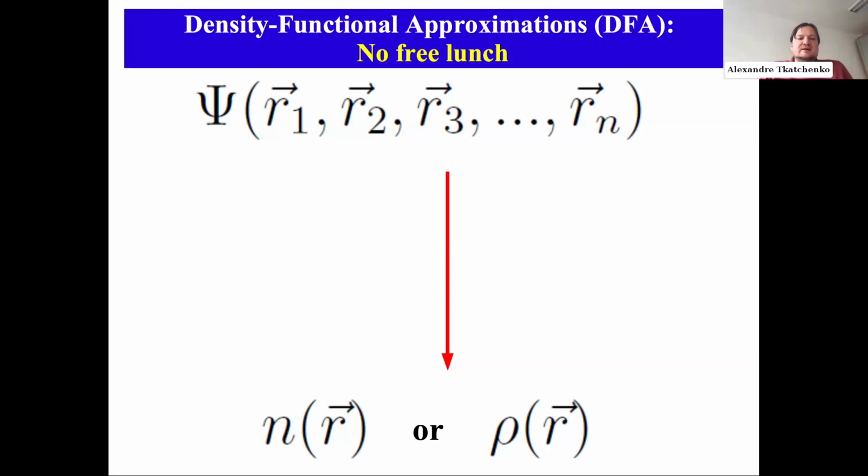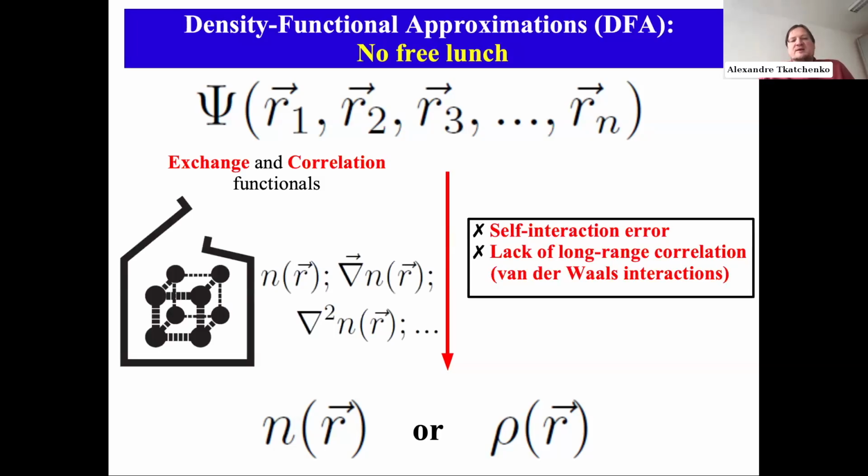Now, of course, there is a price to pay for this, in principle, very efficient mapping, what I would call a no-free lunch, because we end up having to approximate all the many-body exchange and correlation effects. And usually we do this by so-called semi-local or hybrid functionals, which are based on local and then increasingly non-local information in the electron density.